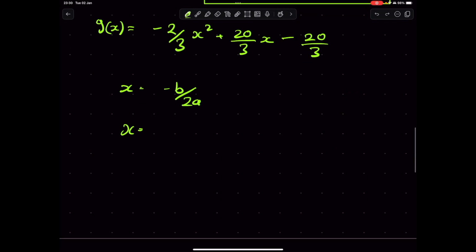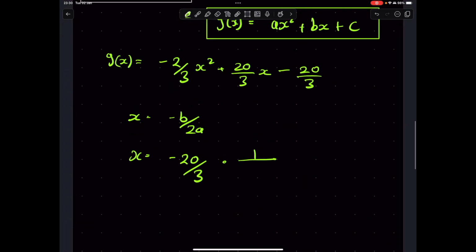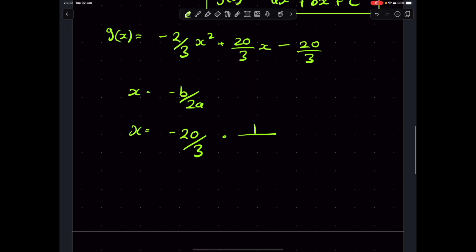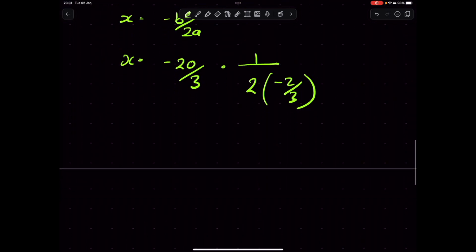So that would be minus 20 over 3 times 1 over 2a. Now, what is 2a? 2 is just a static number, and a is negative 2 over 3, right? This looks complicated, but it's very simple. Just follow along with me.